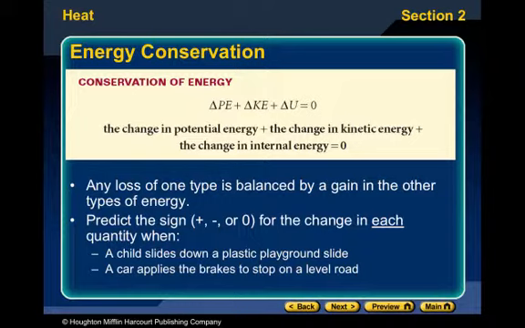A car applies the brakes to stop on a level road. It'd be the same thing, wouldn't it? Yes, except the opposite. Wait, doesn't it make the potential more? The kinetic is decreased. Oh yeah, kinetic would be a decrease.